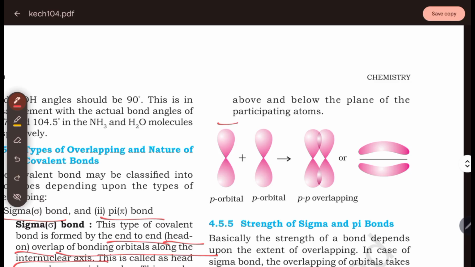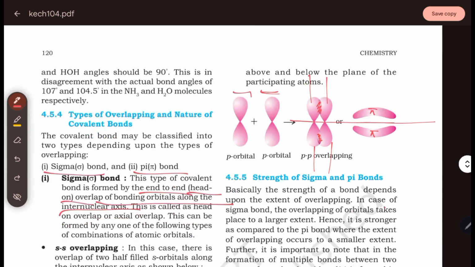When they come closer to each other, this is the region of overlap, and we can see very little overlap occurs by sideways overlap. And if we say this is the plane, this is the axis, then the overlap occurs in this manner. The pi bond has a lobe, or rather the electron cloud is above and below the internuclear axis.